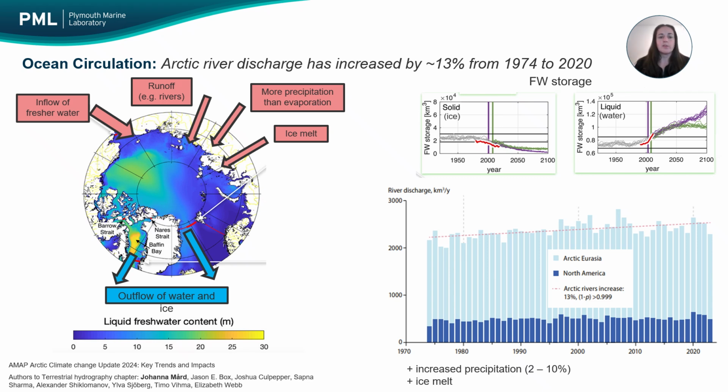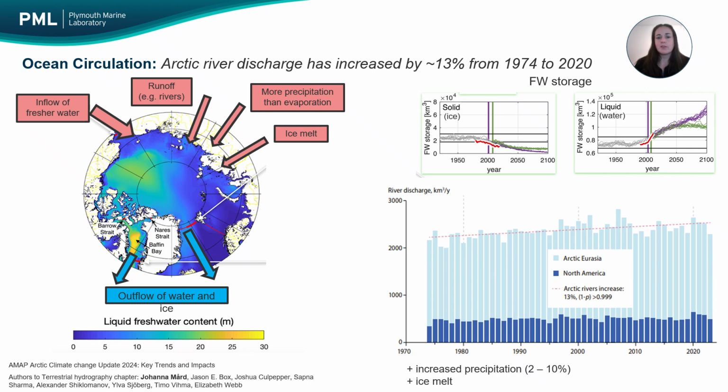And that's important for the freshwater balance in the Arctic and beyond. So the fresh water in the Arctic comes from inflows of Pacific water, which is slightly fresher than Atlantic water, river runoff, more precipitation occurring than evaporation, and ice melt adding to the system. And then that fresh water can flow out of the system as water and ice into the Atlantic Ocean.